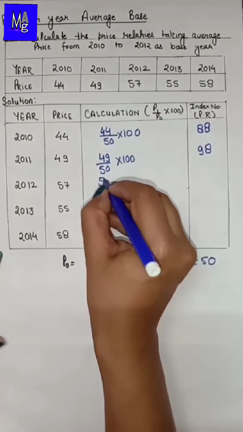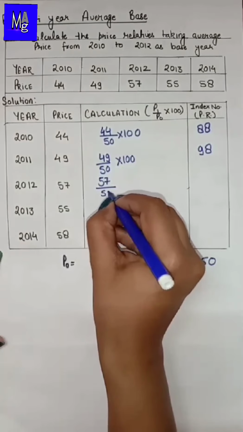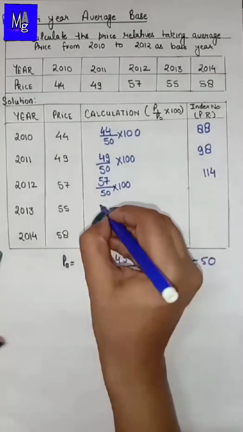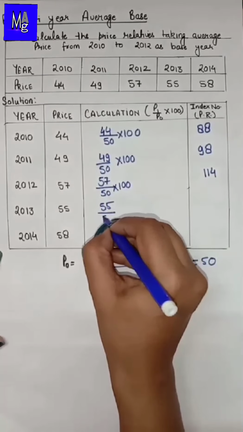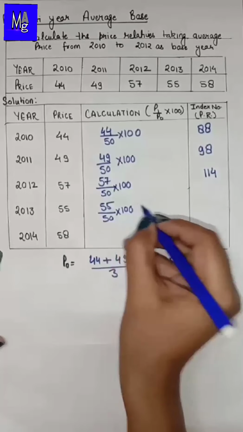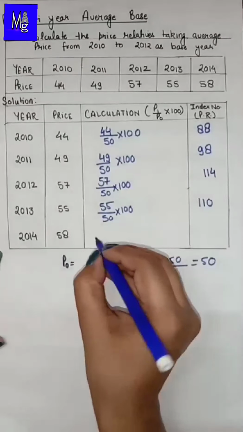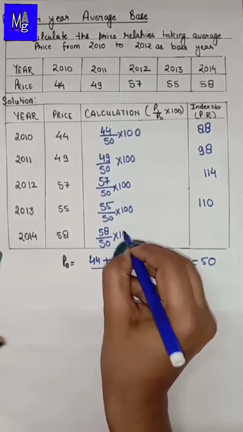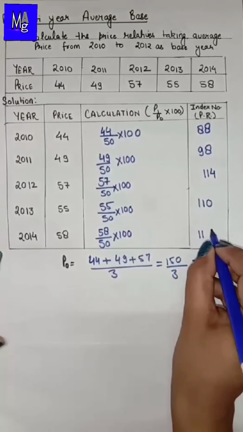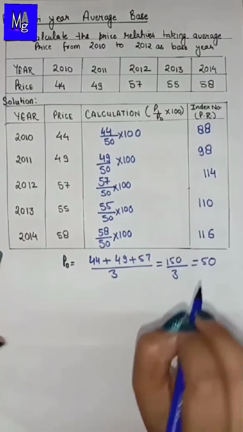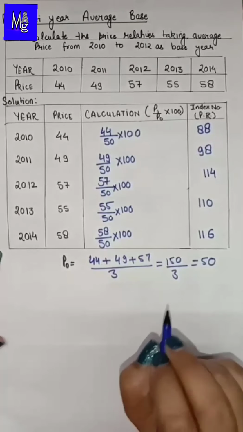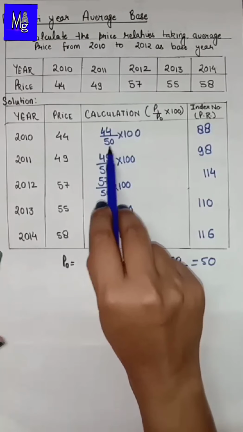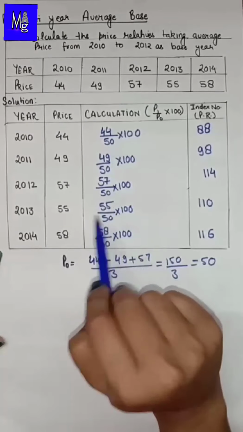Next is for 57, this is coming to be this. So this is how you can calculate for multi-year average basis also. So here, as you can see, we have kept the base as constant.